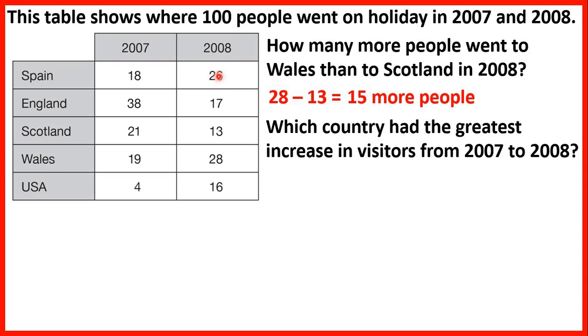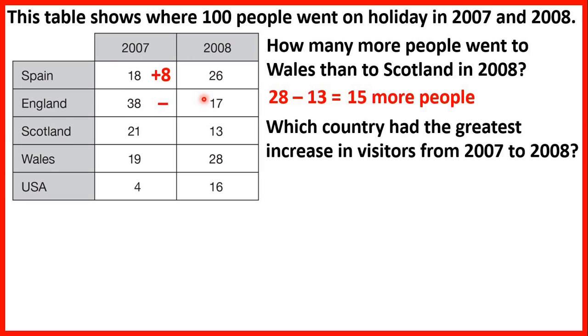So that's an increase because 26 is larger than 18, and 18 plus 8 is 26, so the increase for Spain is 8 people. But for England, the number in 2008 is smaller than the number in 2007, so that's not an increase at all.